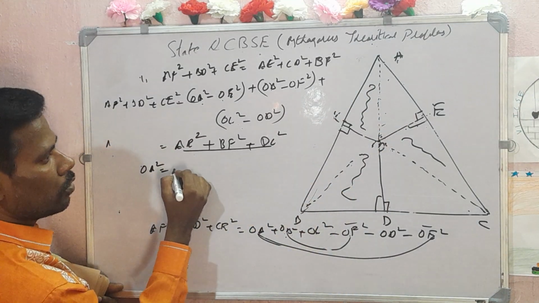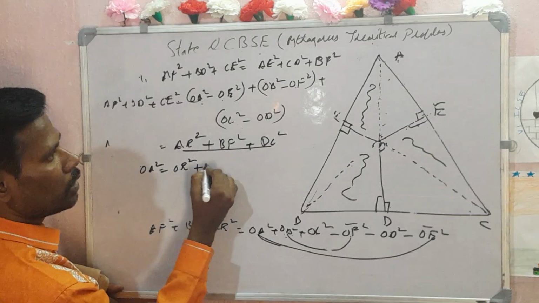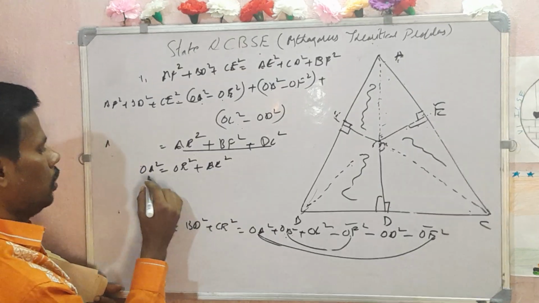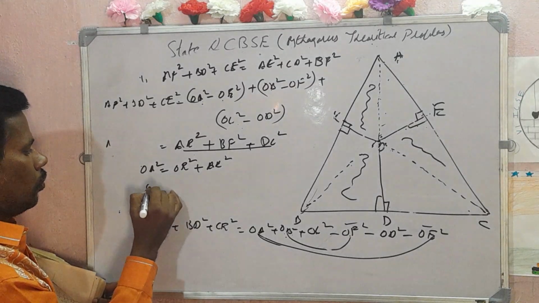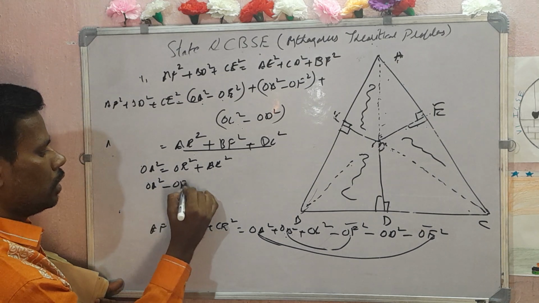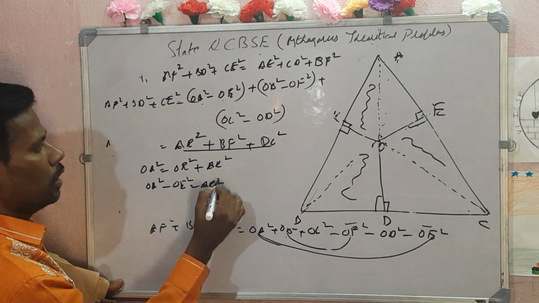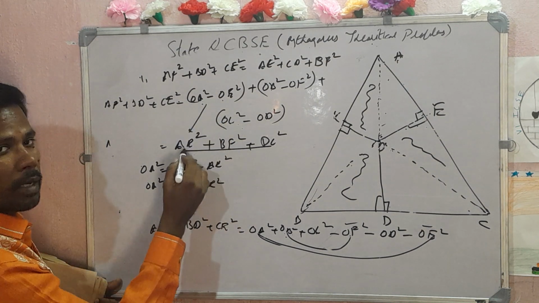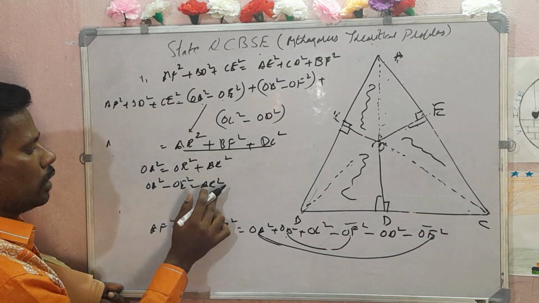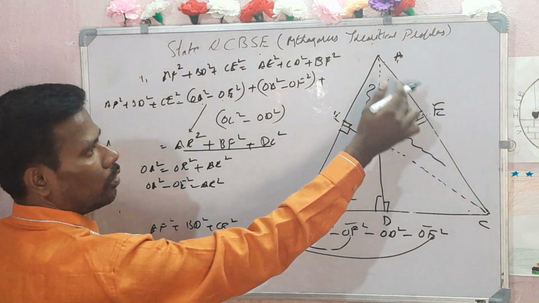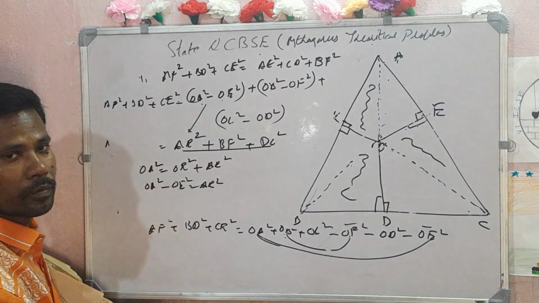OA square is equal to OE square plus AE square, right? So OA square minus OE square is AE square. The theorem is already proved, but OA square minus OE square is nothing but AE square. Are you following? So in place of this I am writing AE square; I am explaining that part. AE square is equal to this square minus this square.